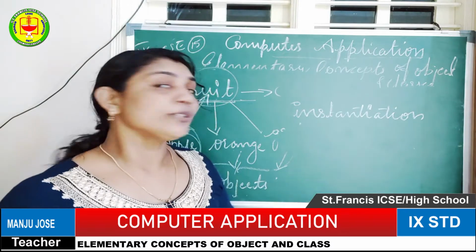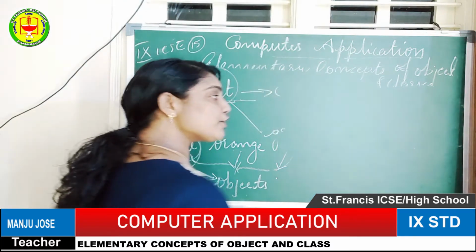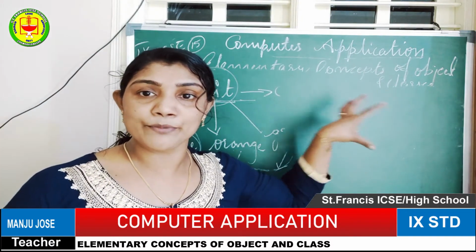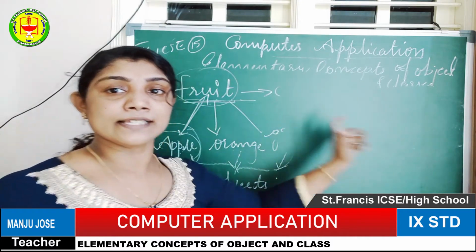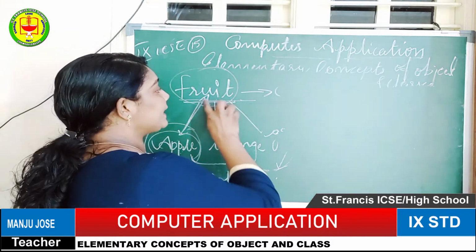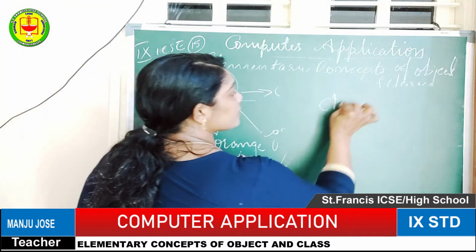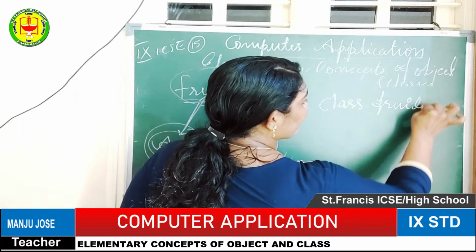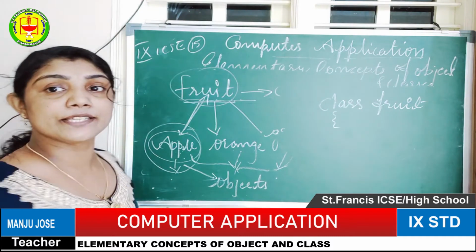So how will the object be created? One simple example, it's not a programming example. With the help of the programming atmosphere, I am using some common words to give an example about classes and objects. So I am going to create one class called fruit. Class fruit. So what objects are we using?